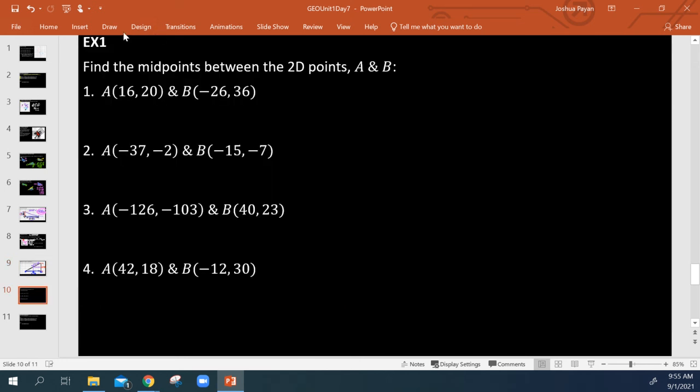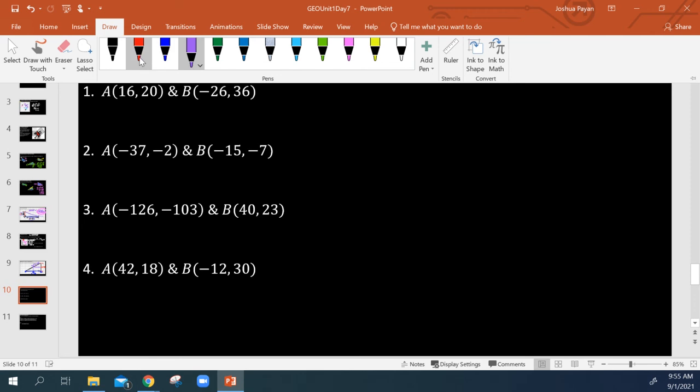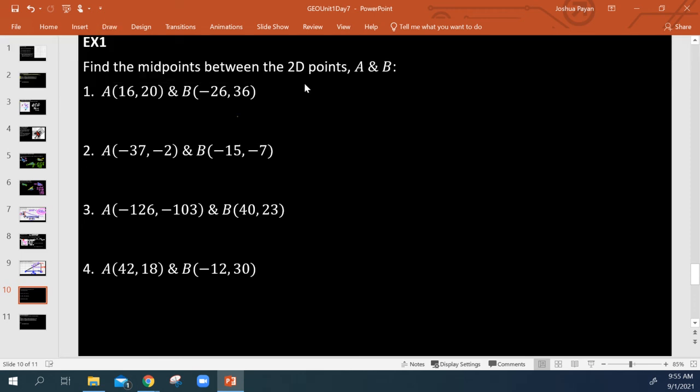Okay, so let's practice. So let's do number 1. So again, always label. Okay, so my midpoint is always equal to a coordinate pair, right? Your x midpoint, comma, your y midpoint.